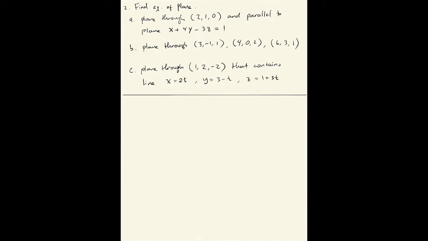Yeah, you can try. And number A, I think it's easy. Number B and C, you need to use some process there. The idea is you need to find in which directions the vectors go, or in this case, the plane. You need to utilize the normal vectors, and you need to tweak some normal vectors.